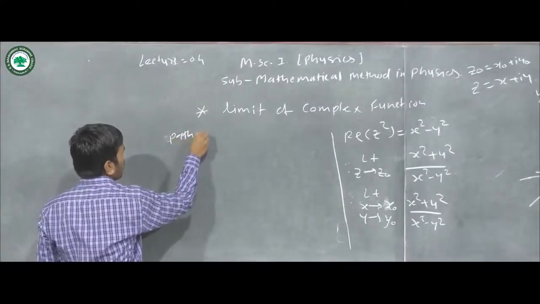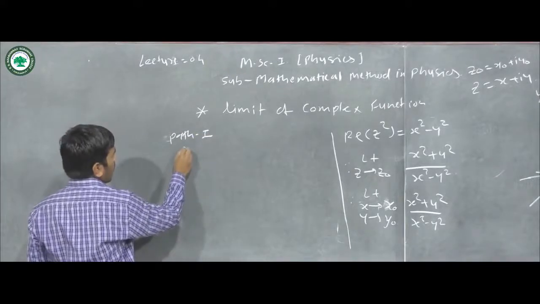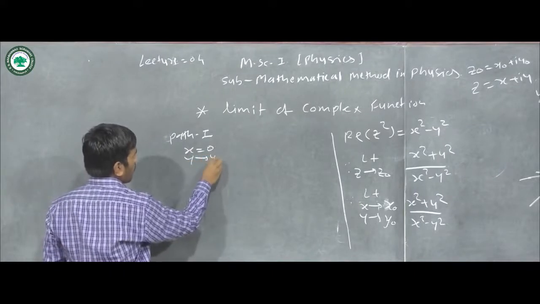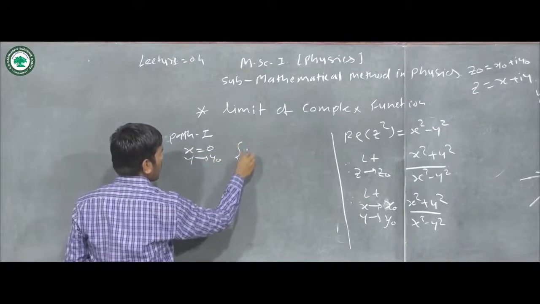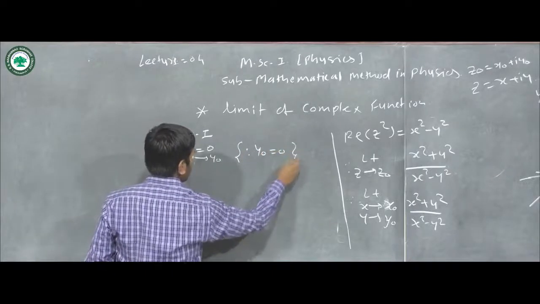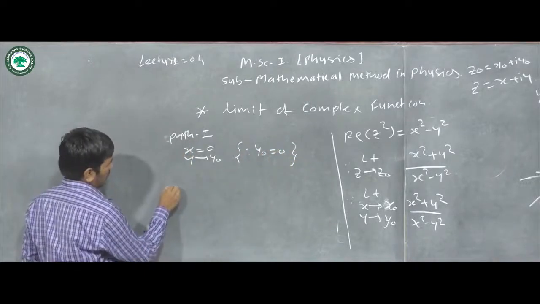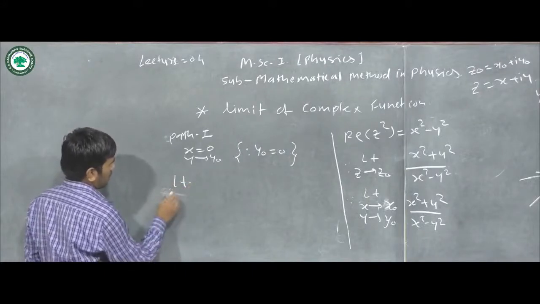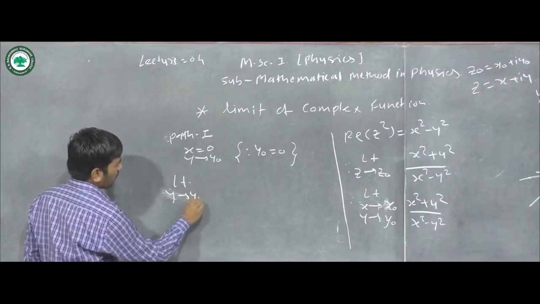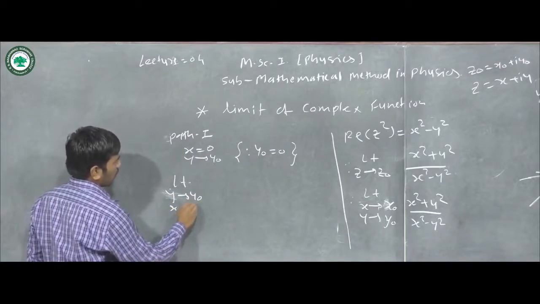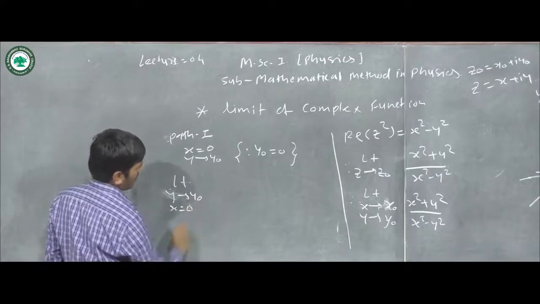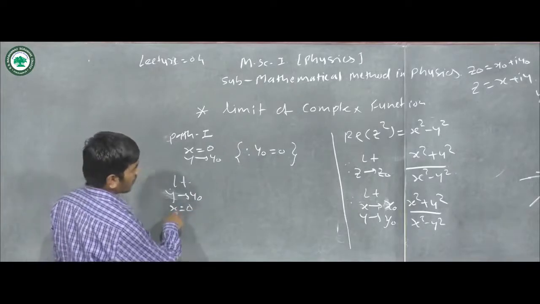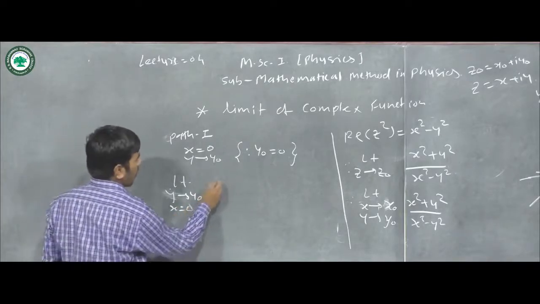Case first, or path first: we consider x equal to 0 and y approaching y naught, so the limit is taken as y approaches y naught with x equal to 0. For your understanding, I write x equal to 0 in x square plus y square over x square minus y square.